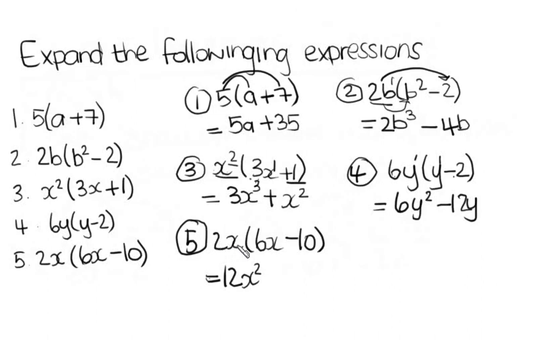And then again, I would have my 2x multiplied by my negative 10. A positive multiplied by a negative gives me a negative. 2 multiplied by 10 gives me 20, and then my x stays an x.